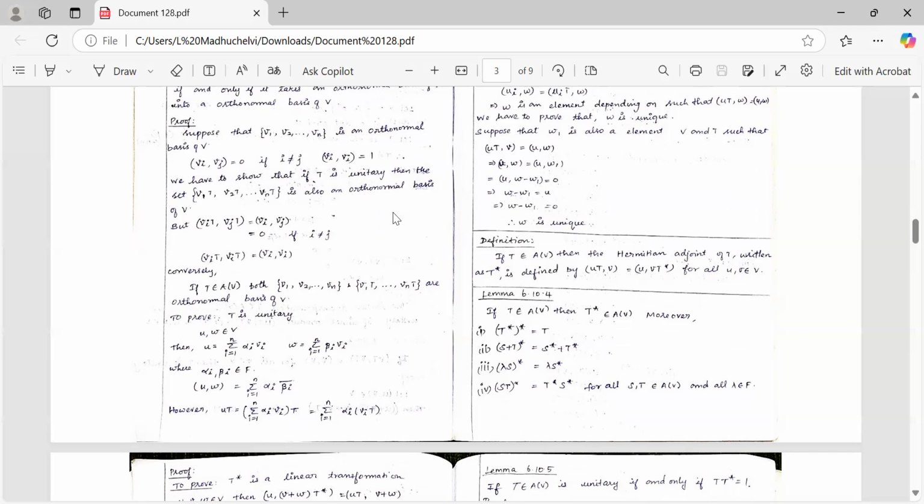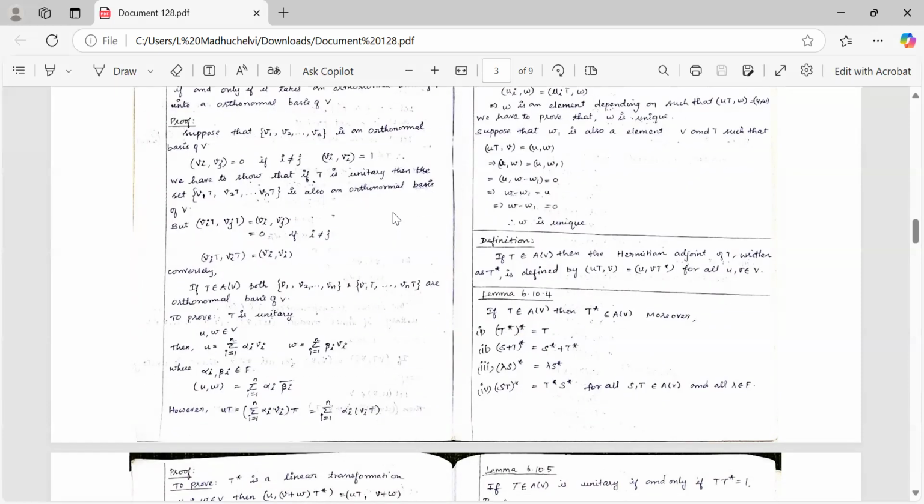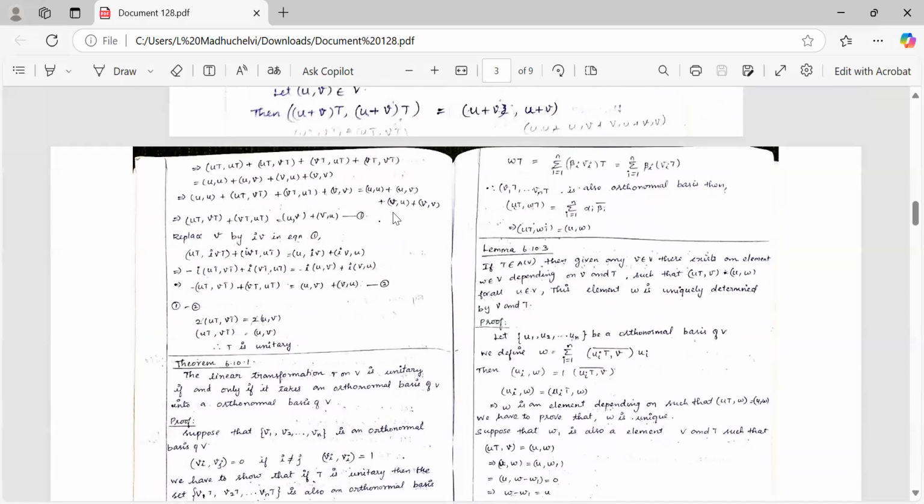Then the inner product (U, W) equals, by using the property of inner products, the summation i equals 1 to n of alpha i beta i bar. However, UT equals the summation i equals 1 to n of alpha i (Vi T), and WT equals the summation i equals 1 to n of beta i Vi T, that is equal to the summation i equals 1 to n of beta i (Vi T).